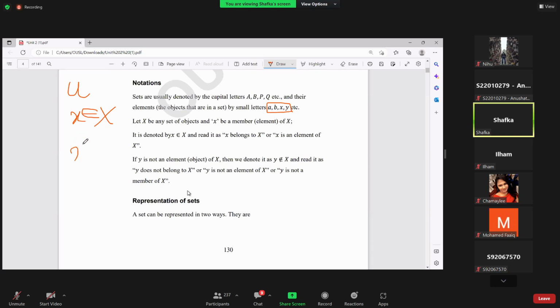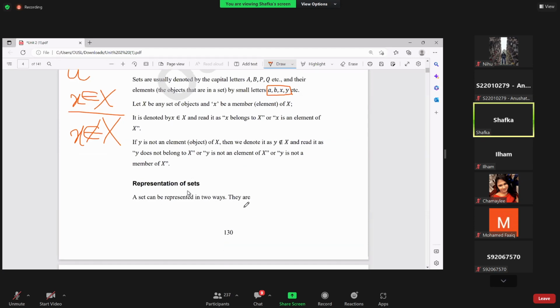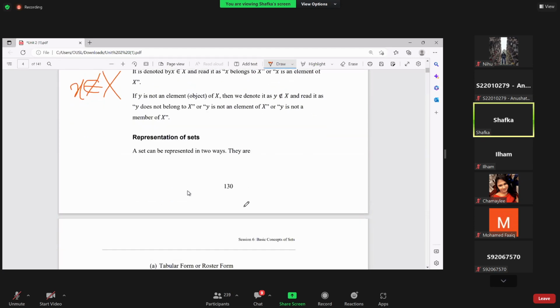If x does not belong to capital X, then we represent it as the element symbol with a cut through it. Okay. So this represents x is not an element in capital X. This one represents x is an element of capital X. Okay.